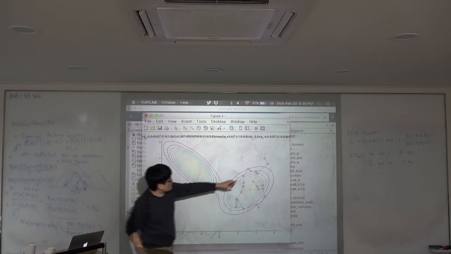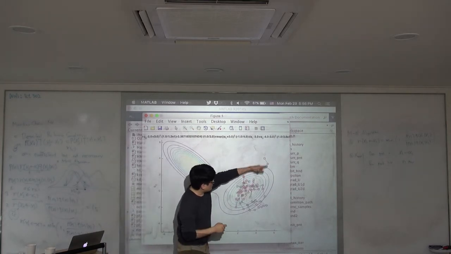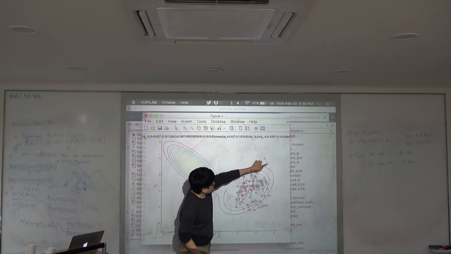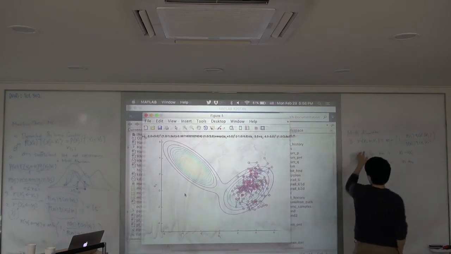You start from just a random arbitrary point, but you propose a new state, and you can stay here or go there.